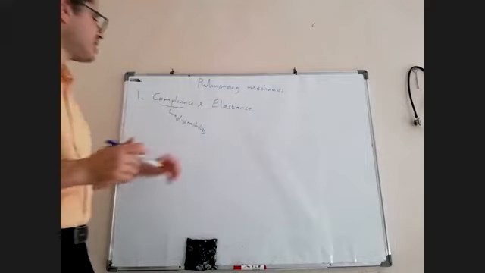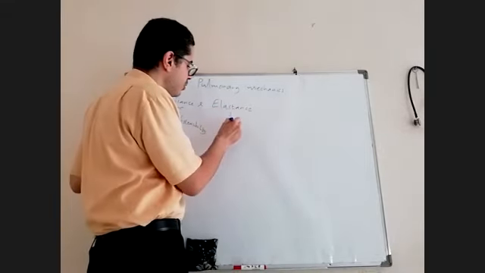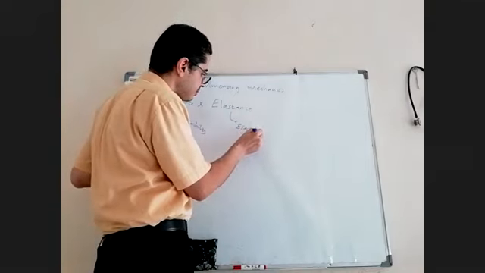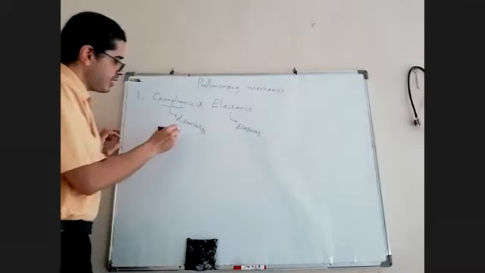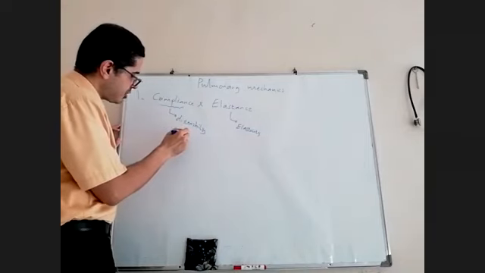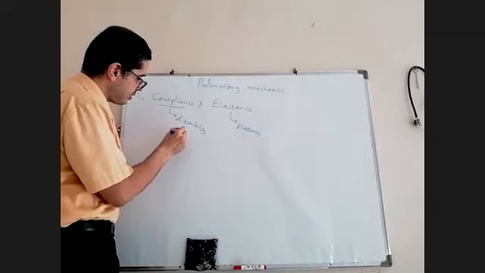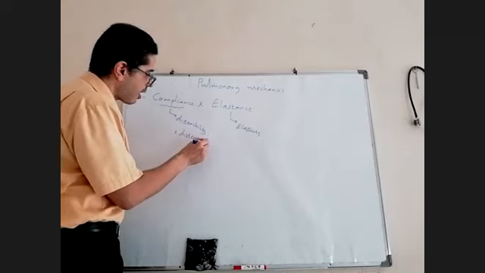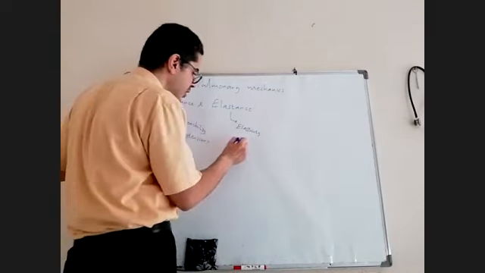Elastance is elasticity, the ability to recoil. So distensibility leads to distension, and elasticity leads to recoil.